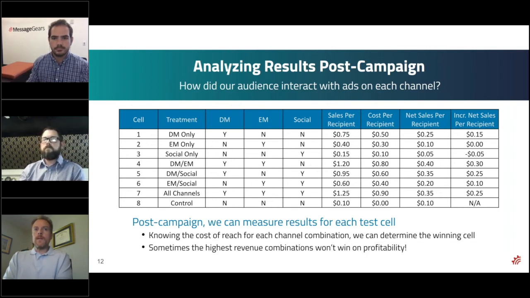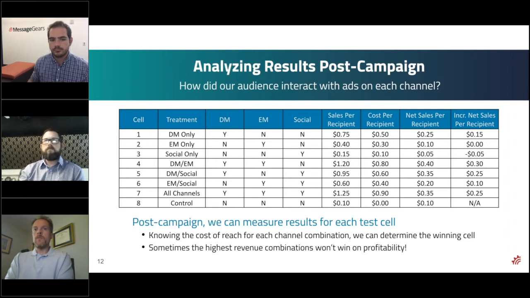Here we're displaying the same test matrix that we showed a few slides back, with 4 additional columns added to the right. Those are sales per recipient, our KPI, and cost per recipient, which reflects the cost of reach through the channel mix prescribed by each test cell. Subtracting those two gives us a net sales value per recipient.